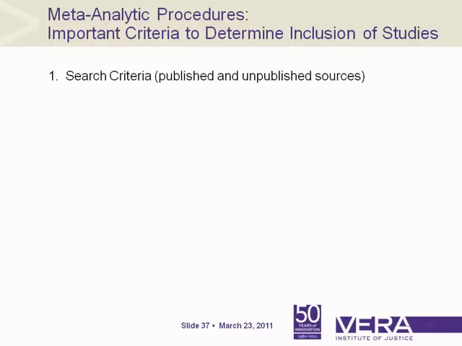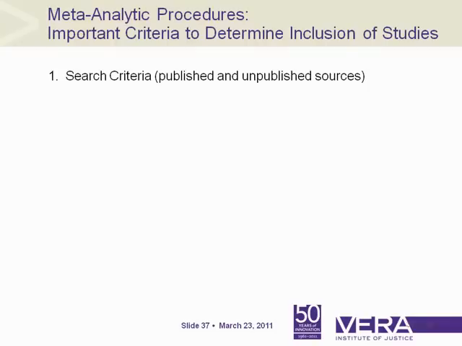First, when we're searching for studies, we look at published and unpublished studies. The reason we do this is that it's shown in the literature that there can be a bias towards published studies. Studies that show up in journals tend to show more of a treatment effect than studies that don't.